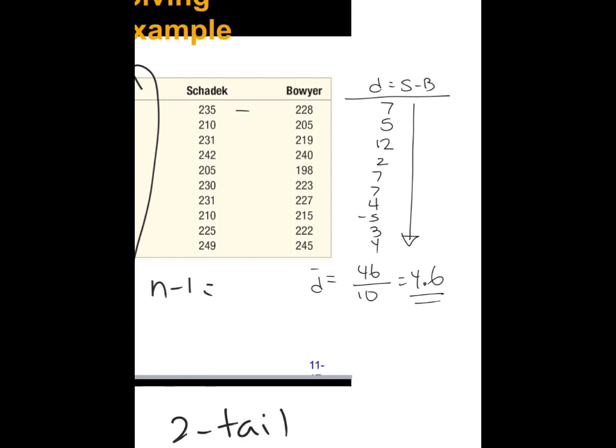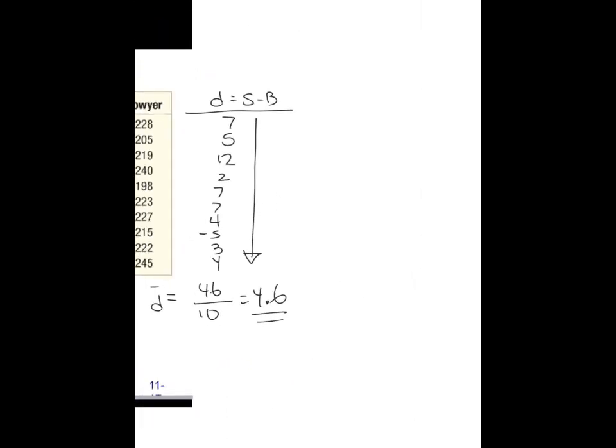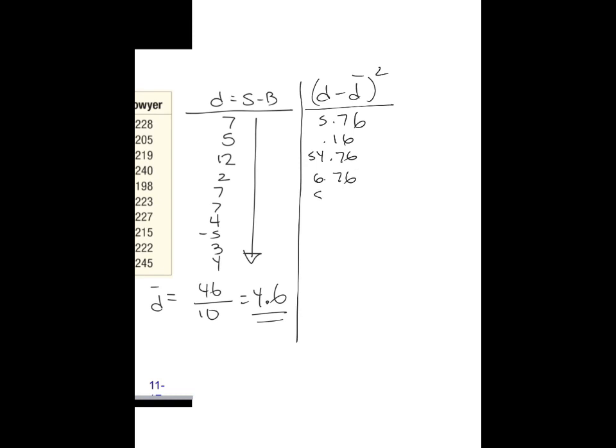Now for the standard deviation, just like we calculated standard deviation before, we do d minus d bar, squared. The differences are squared, and we have 5.76, 0.16, 54.76, 6.76, 5.76, 0.36, 92.16, 2.56, and 0.36.